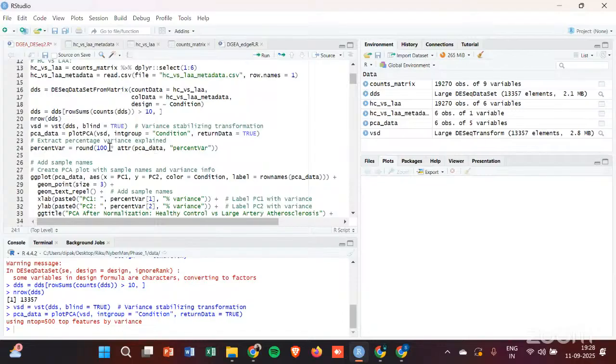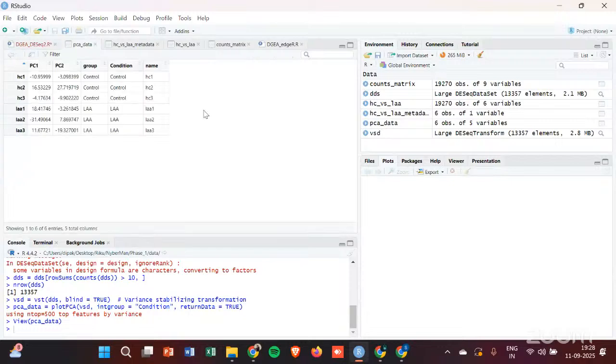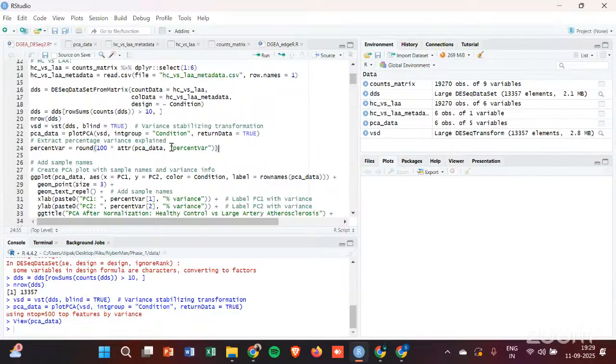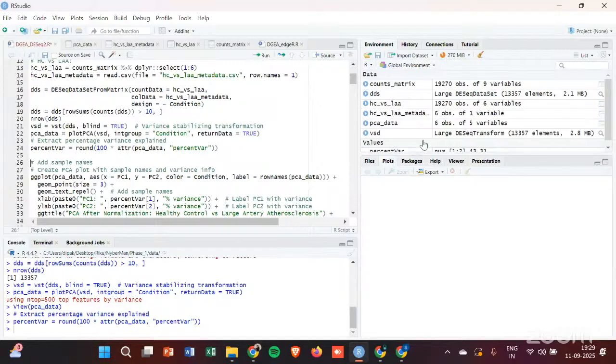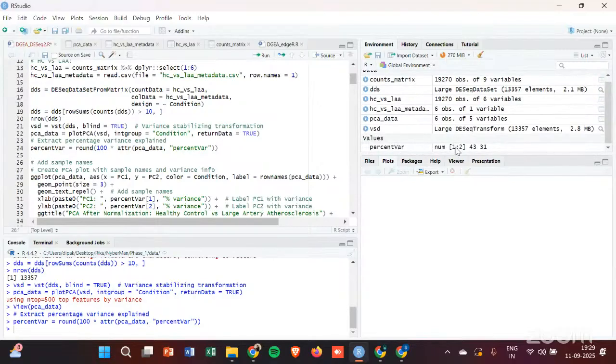That is why we multiply by 100. Now if I see the percentage variance here, I have a variable which has these two numbers. These are your percentage variances explained.